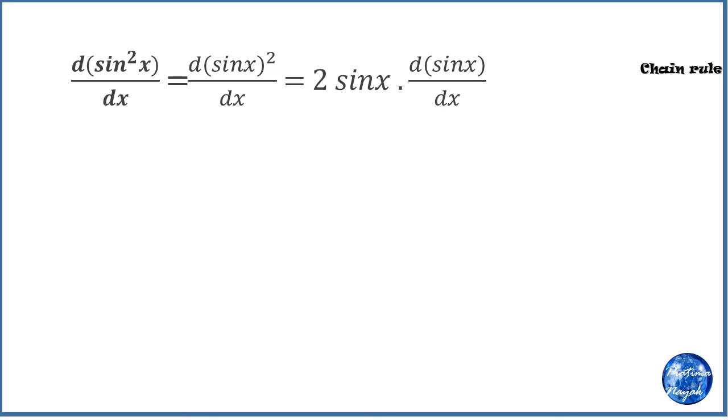So it will be 2 into sine x. Now the inner function is sine x, so we'll again differentiate sine x. It will be cos x. So the answer is 2 sine x cos x, or we can write this as sine 2x.